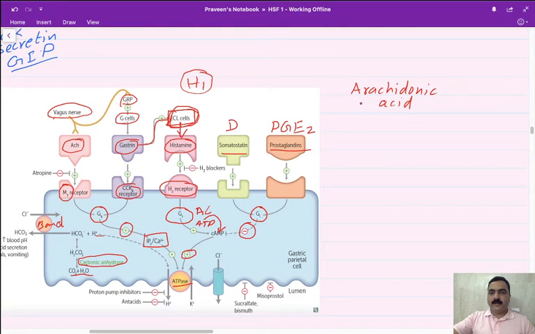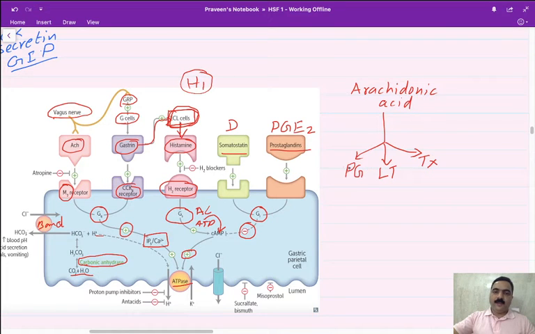On the plasma membrane you have the arachidonic acid. From this arachidonic acid there are multiple products that can be formed. It can produce prostaglandins, leukotrienes, prostacyclins or thromboxanes, etc.